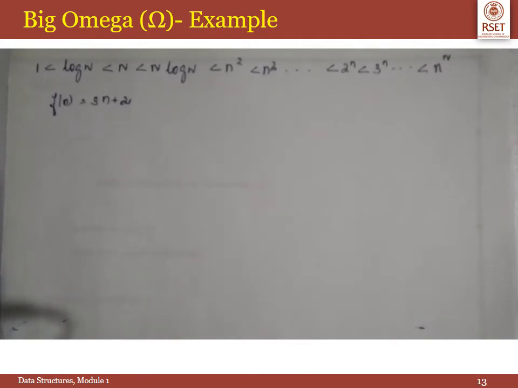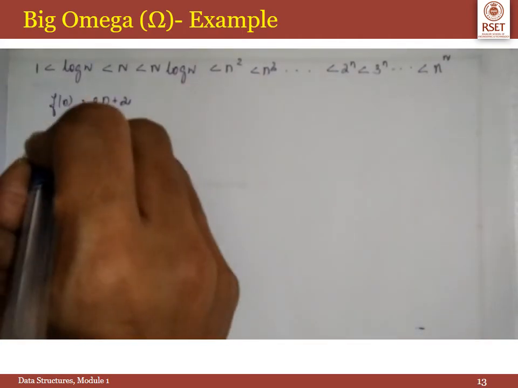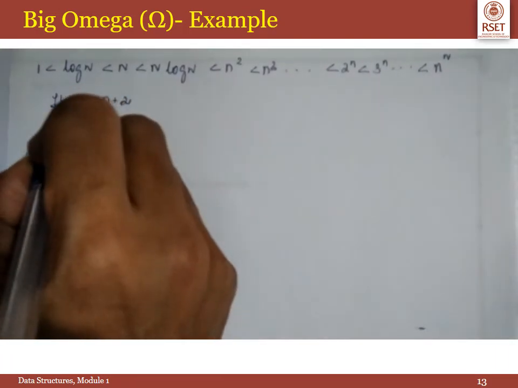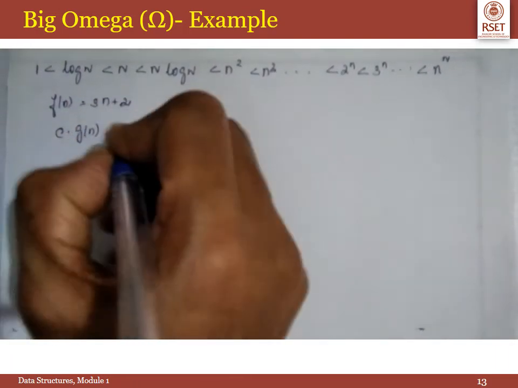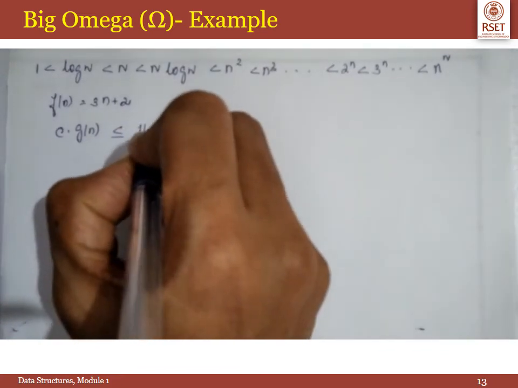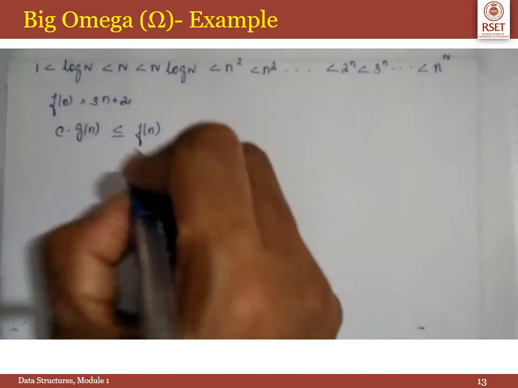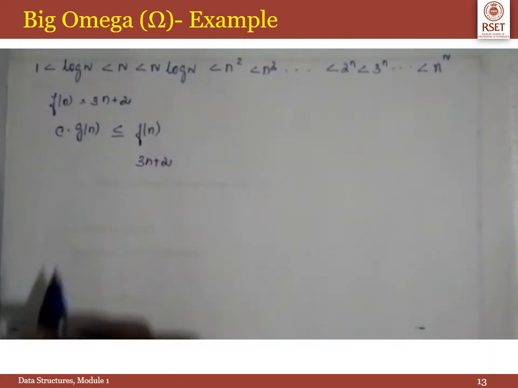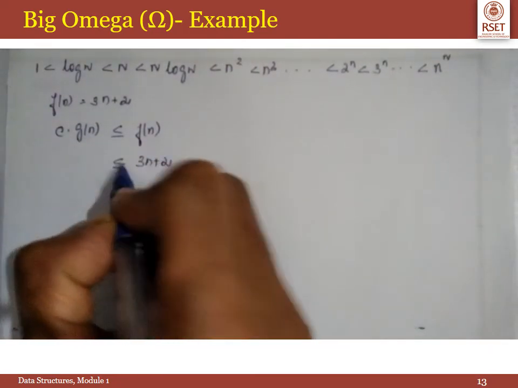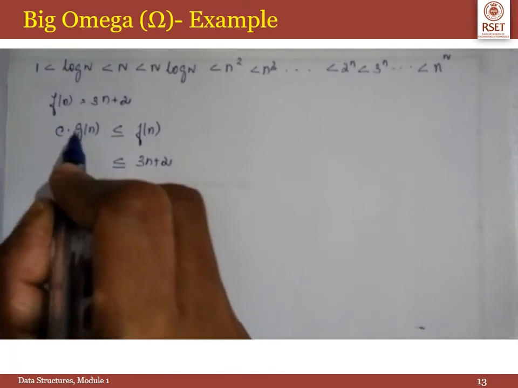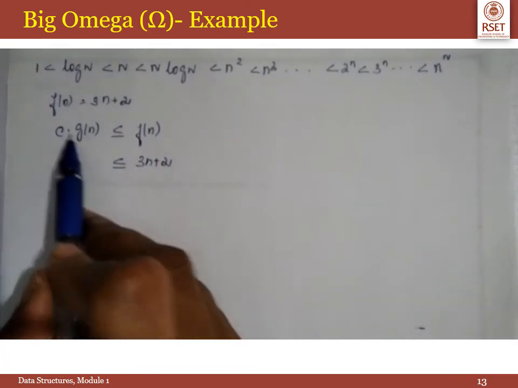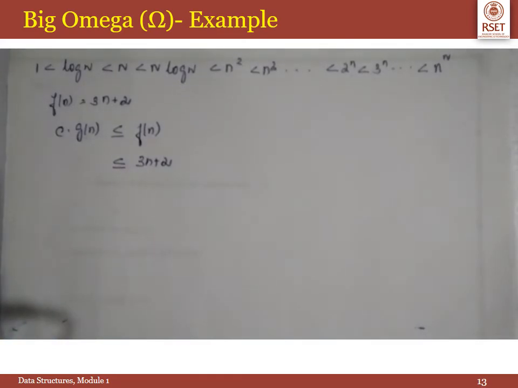For that, what's the relation between f of n and omega? c into g of n should be lesser than or equal to the function f of n. If you have the function 3n plus 2, I should be able to find a function g of n and a constant c such that the value of that should be lesser than or equal to 3n plus 2.